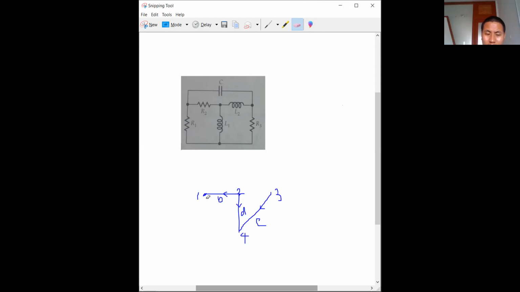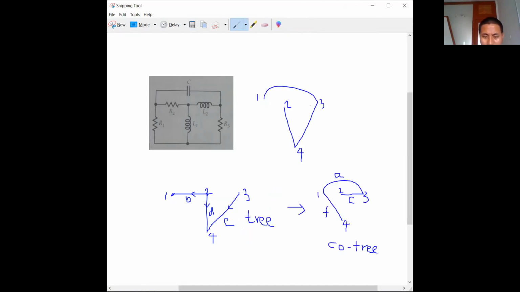We can also form a tree using branches A, E and D. How to explain this one? Let's also draw with another one. I think this will clear the confusion. From this network, we have formed the graph, and from the graph we have formed the tree.